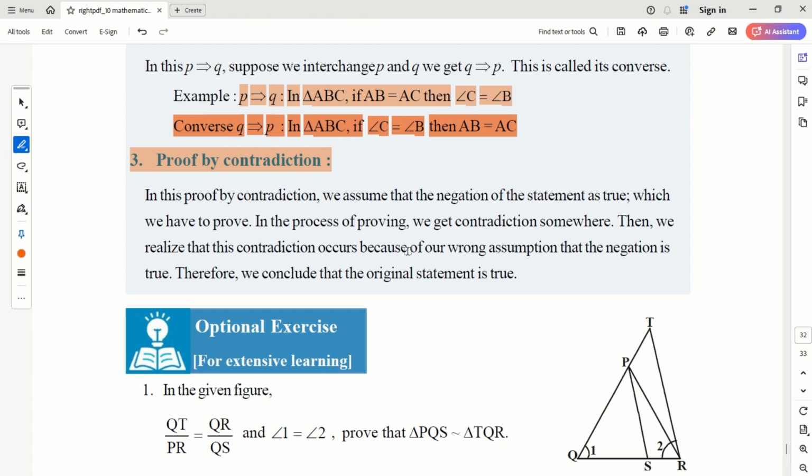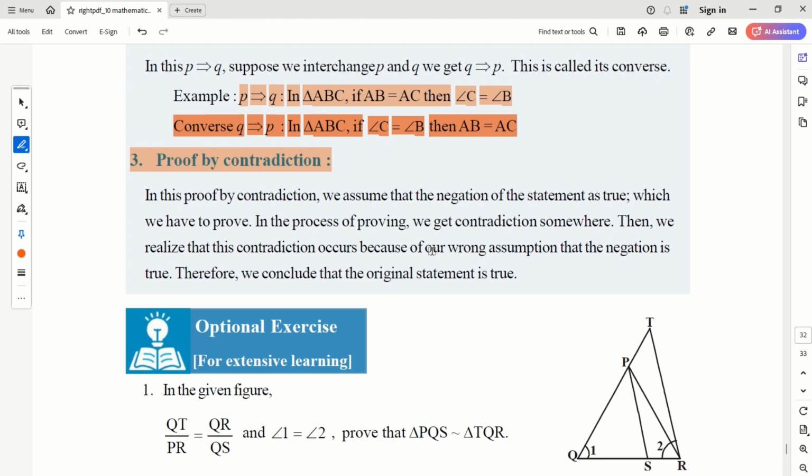Okay, in this chapter there is one place, if I remember, where we used it: the converse of the proportionality theorem we are proving. If a line is drawn parallel to the third side of a triangle, then it divides the two sides in the same ratio, right?